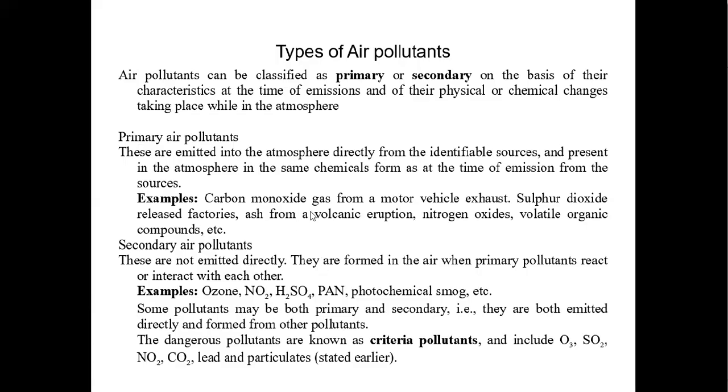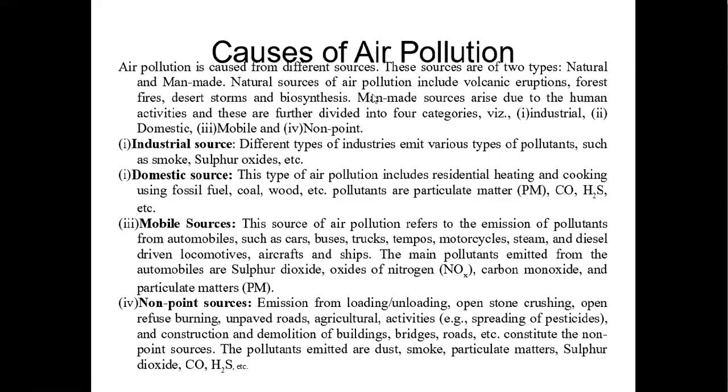Examples of primary air pollutants are oxides of nitrogen and oxides of sulfur, whereas examples of secondary air pollutants are H2SO4, sulfuric acid, ozone, photochemical smoke, etc. The dangerous pollutants of air are known as critical pollutants, which include ozone, sulfur dioxide, nitrogen dioxide, carbon dioxide, lead, and particulate matter. And what are the major causes of air pollution?